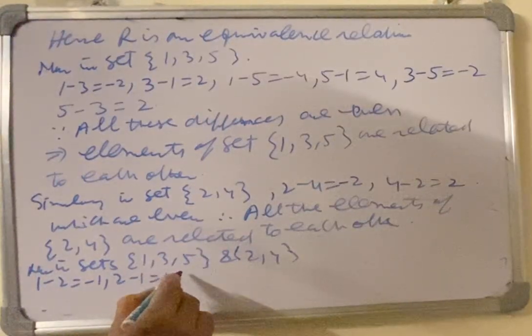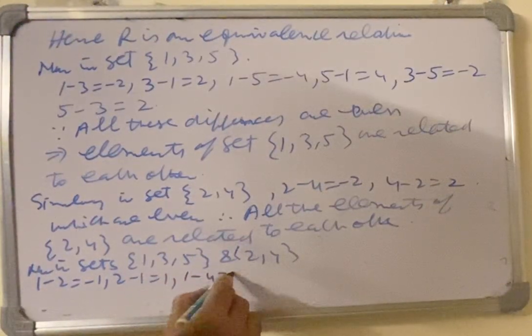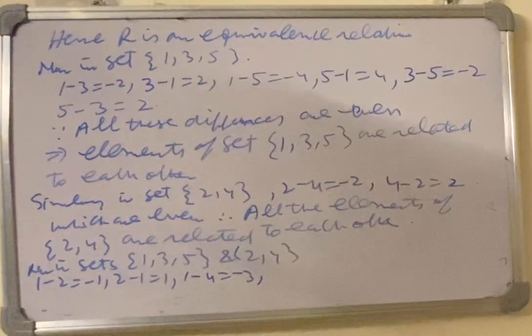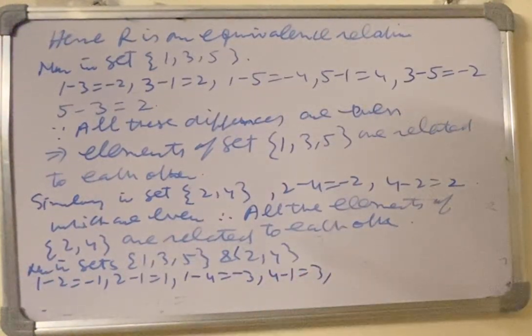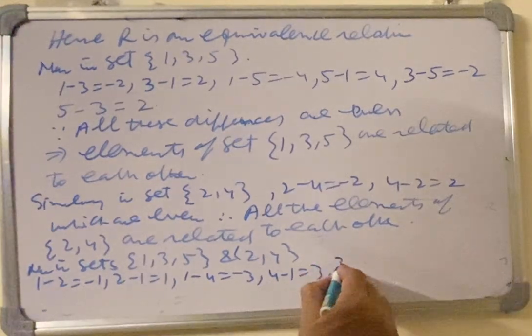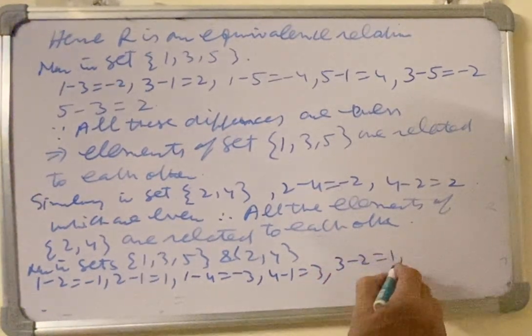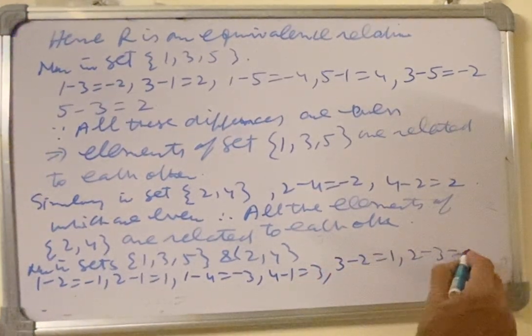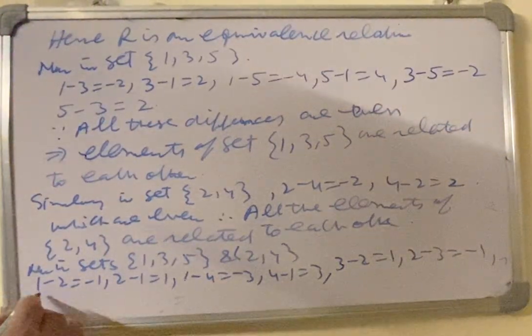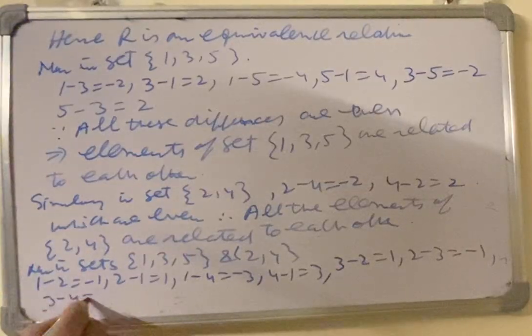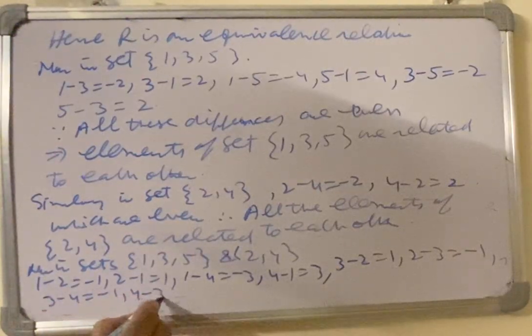Similarly, 1 minus 4 is minus 3, 4 minus 1 is 3, 3 minus 2 is 1, 2 minus 3 is minus 1, then 3 minus 4 is minus 1, 4 minus 3 is 1.